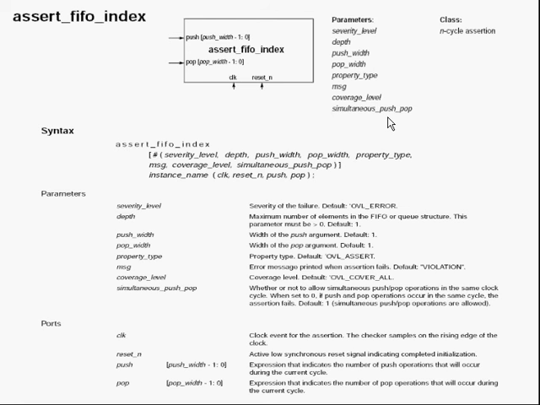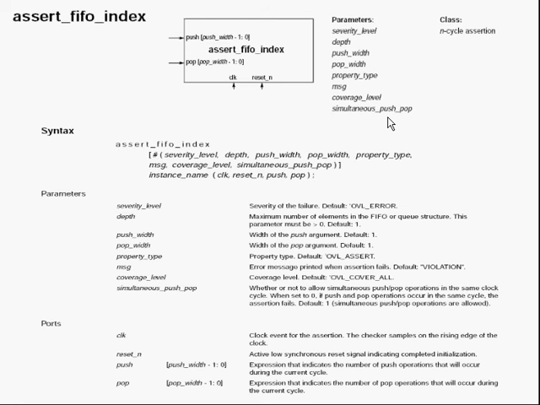The next assertion monitor checker is assert FIFO index. This comes under n cycle assertion. Here we have some extra parameters.